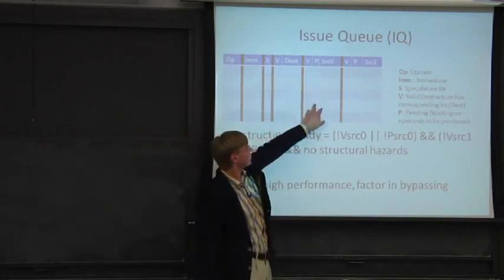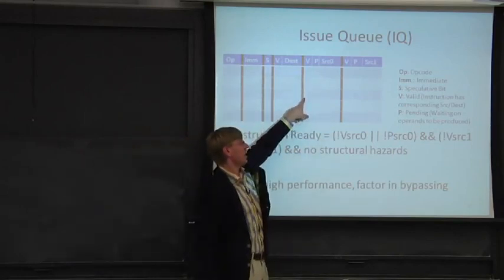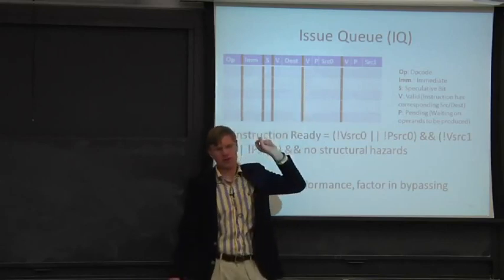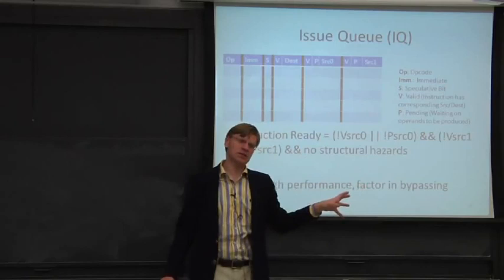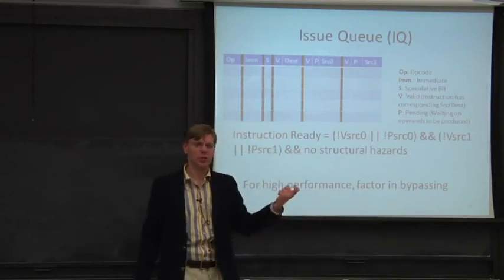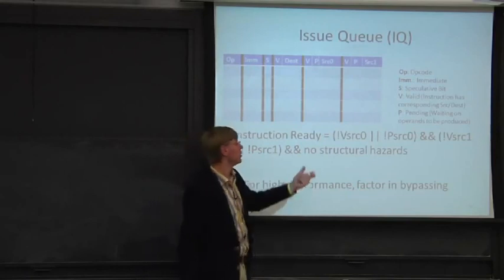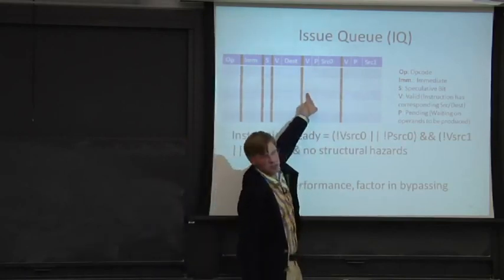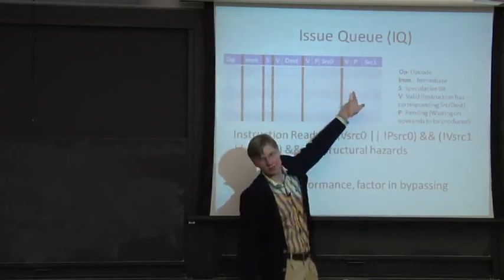The V bit is going to say that this instruction needs the source. As we said, some immediate instructions don't read both source operands. So for an immediate, only one valid bit is probably going to be set, and this one's going to be 0.